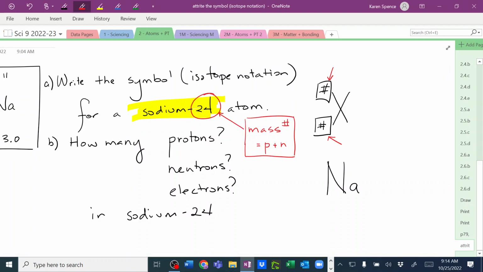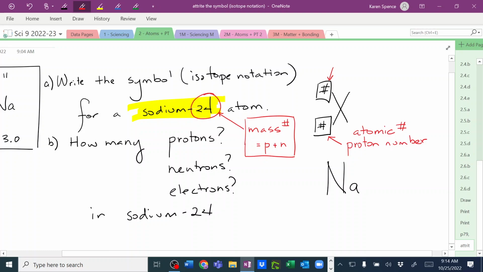Actually, the proton number goes at the bottom, okay? And what's the other term we use for the proton number? The atomic number. And what goes at the very tippy top?